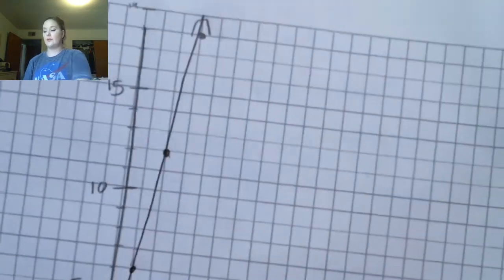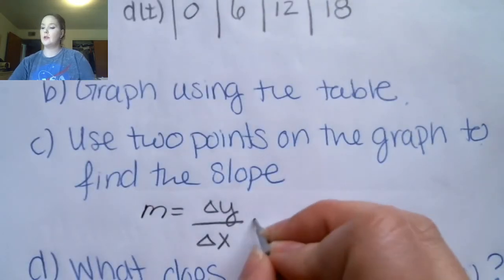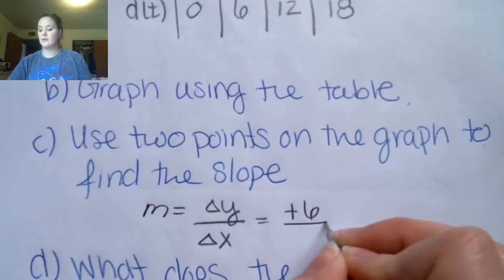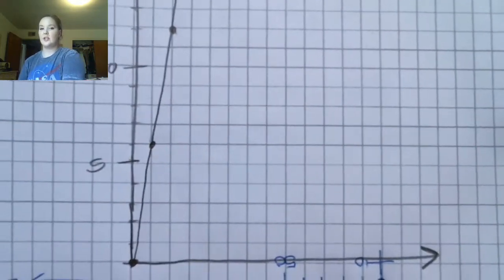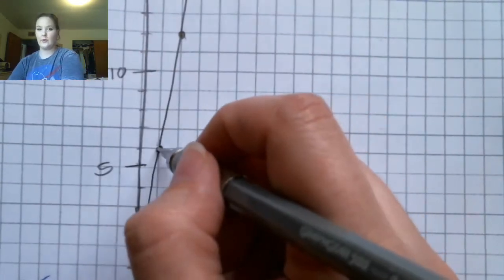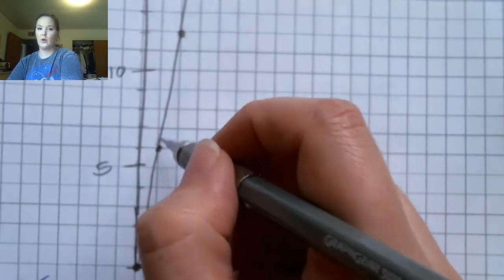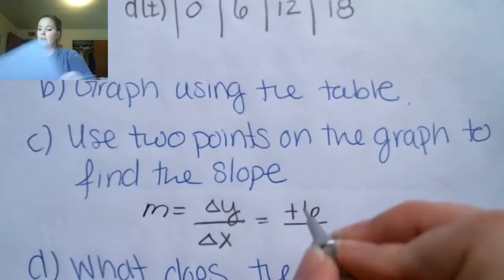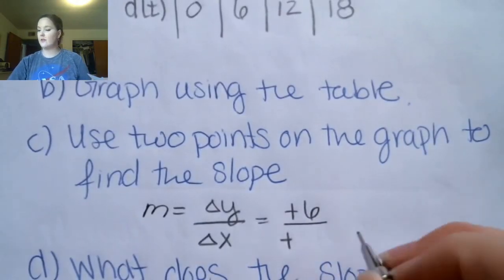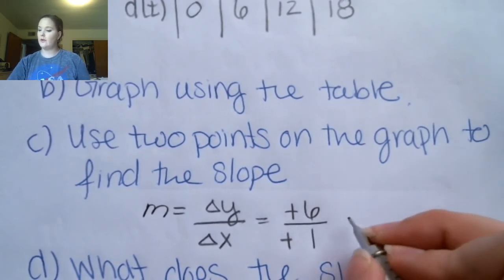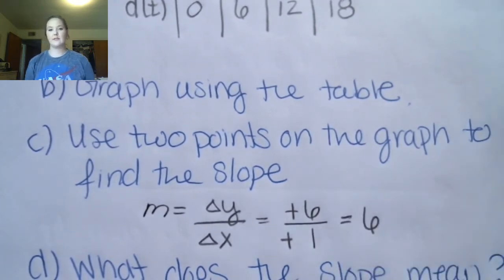So my change is going to be 6, and it's going up, so I'll have positive 6. And my change in x, going from 1 to 2, is moving to the right, which is positive. I'm only going to get 1. So this would be 6.